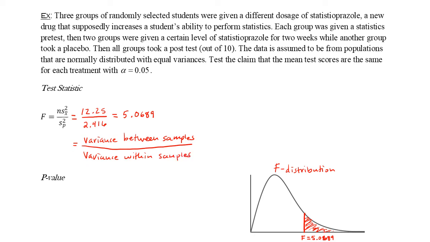So if we imagine we have a lot of variation between the samples, then we're going to have a higher value up here. And if each of the individual samples has a smaller variation within it, then we're going to divide by a smaller number, and so that'll make this value bigger as well. So that kind of helps us distinguish between the different groups.